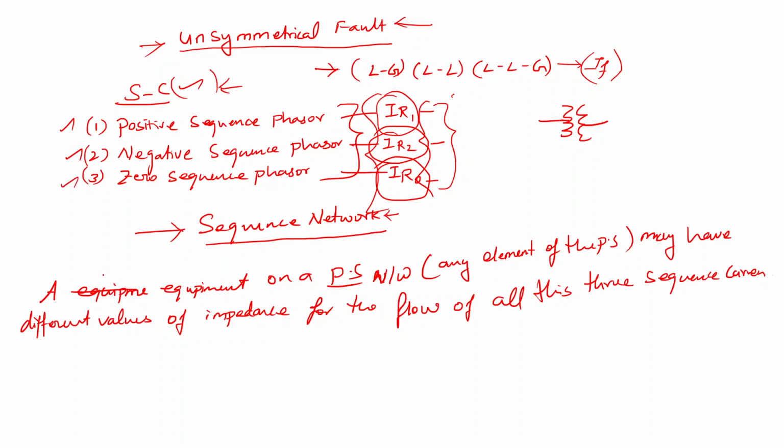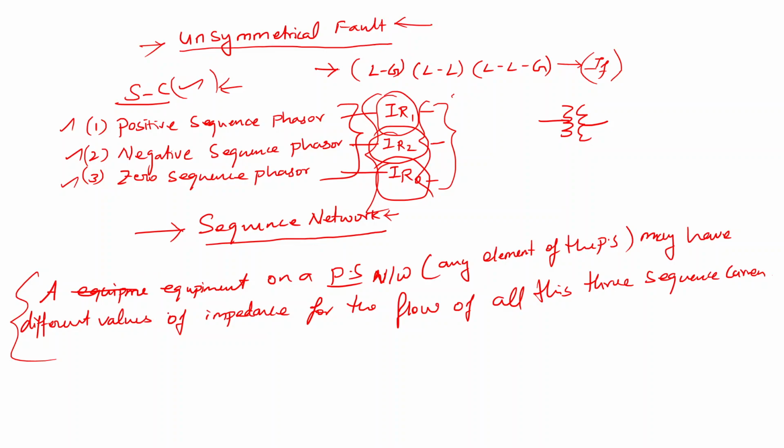That is what the statement is telling. So for the same transformer, the flow of current for the positive sequence network, negative sequence network, and zero sequence network will be different. So that can be represented.